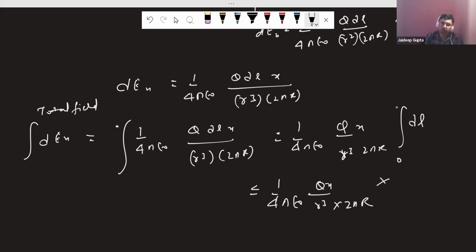Okay, we have to integrate from 0 to 2 pi r. The integration will be 0 to 2 pi r.